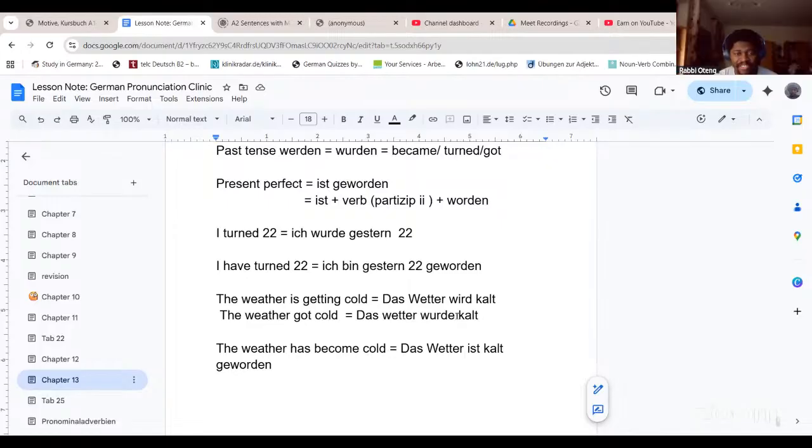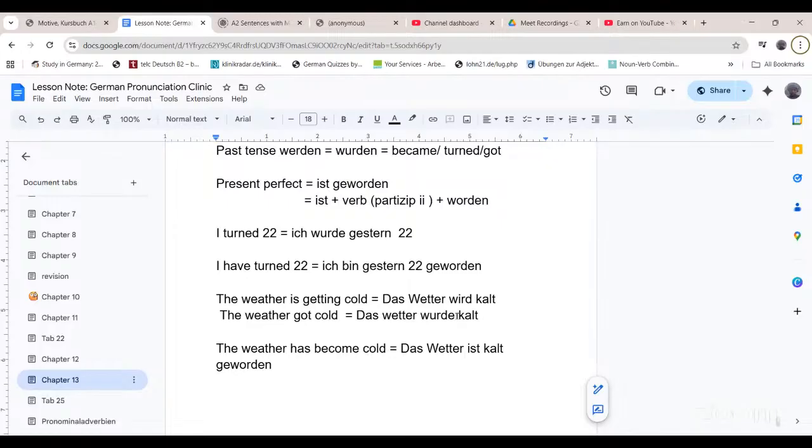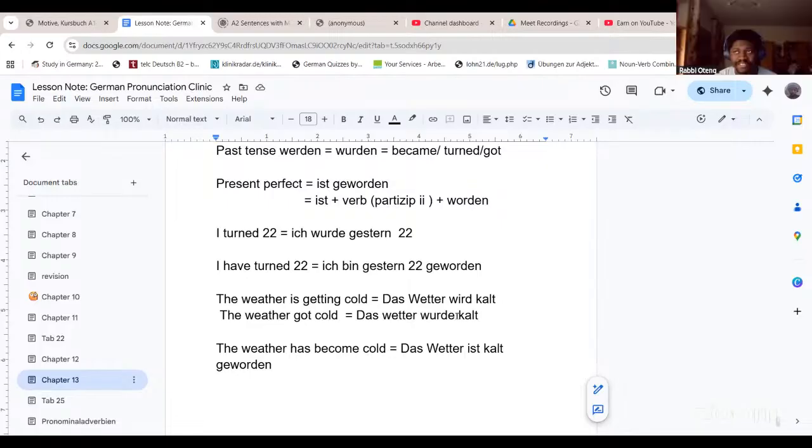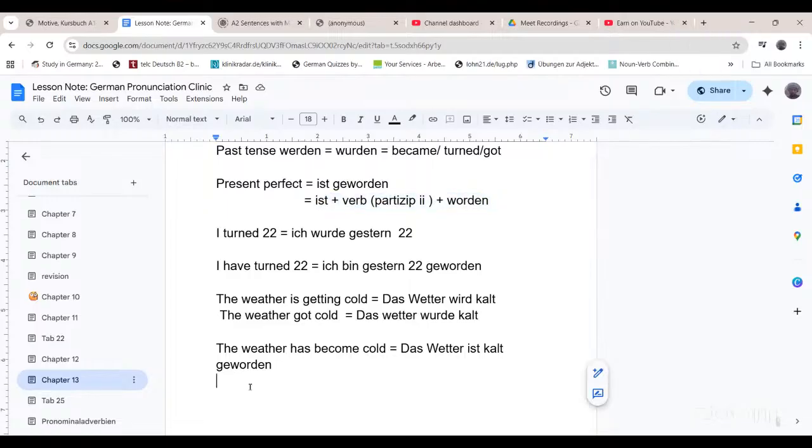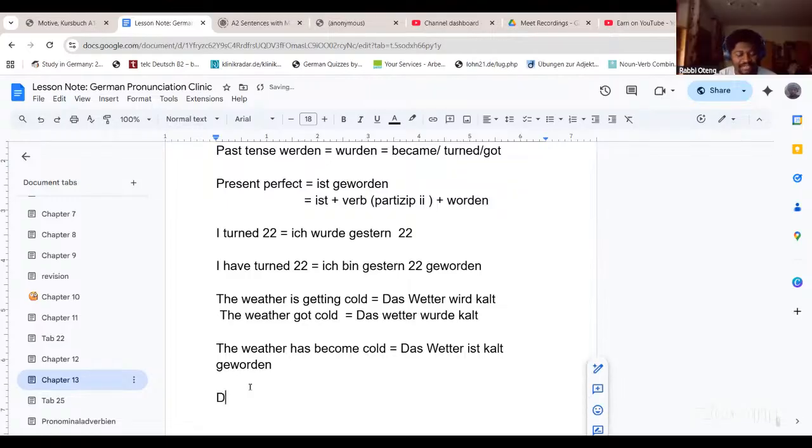That is still passive, because the weather can't record itself. Maybe I'll use, like, the food is cooked. That's still passive. In the normal present, the food is being cooked: das Essen wird gekocht.